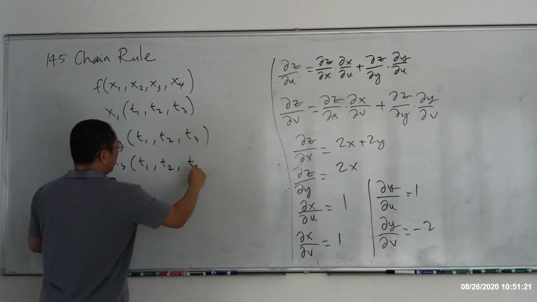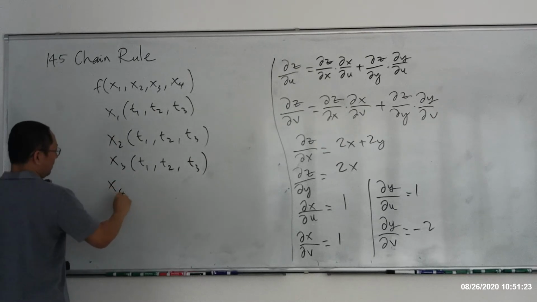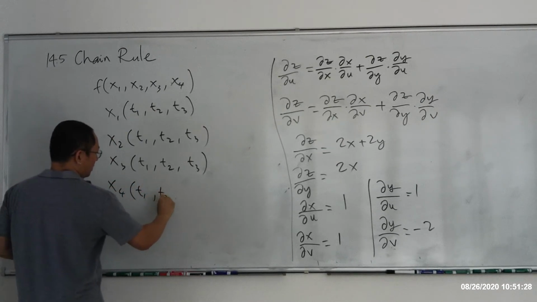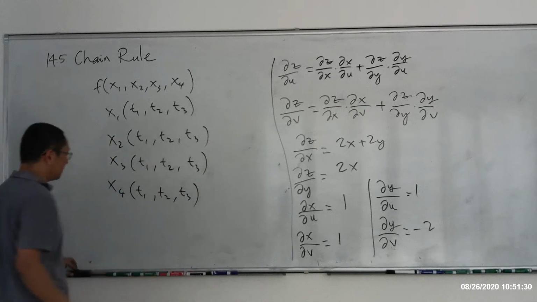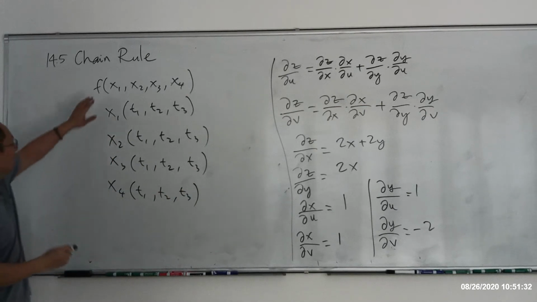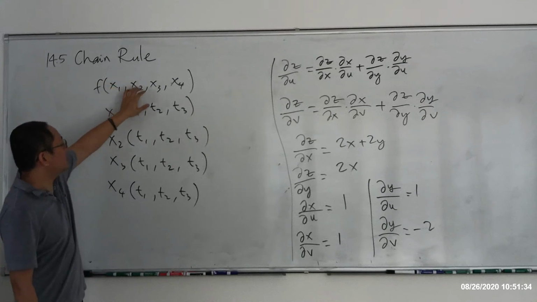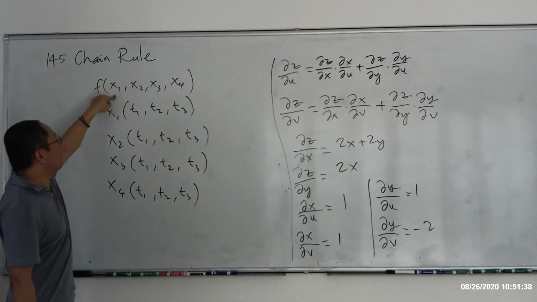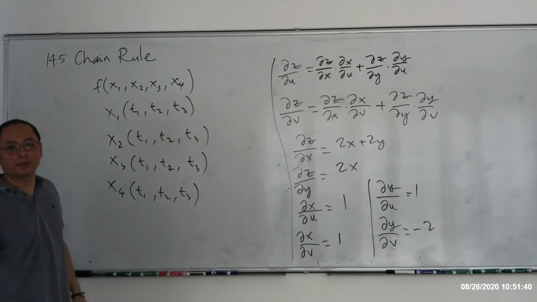And then x4 is also another function of 3 variables, t1, t2, t3. You see, a function f of 4 variables, x1, x2, x3, x4, where each variable x is another function of another 3 variables. Okay.